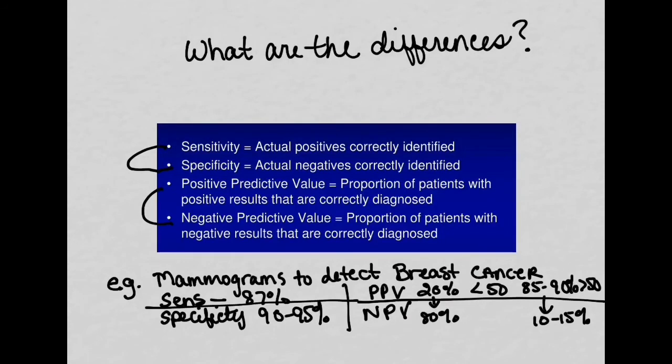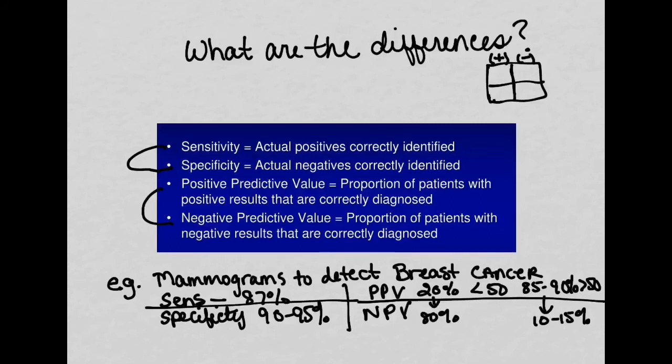I'm just going to use one more example to show you the differences between the sensitivity, specificity, and the predictive values. So I took mammograms to detect breast cancer. Over here with the sensitivity, we're actually finding out which positives are correctly identified. So if we go back to that table, remember up here, positive is how many have the disease and those who don't have the disease.